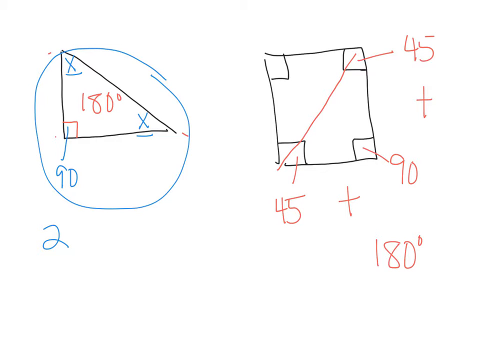Okay, so we could say 2x plus 90 equals what? 180. And to find the corners, all you would have to do is solve for x. All of this leads us up to today's lesson.